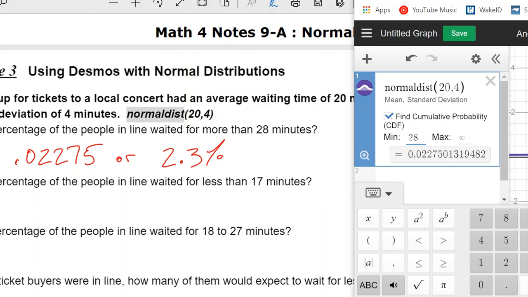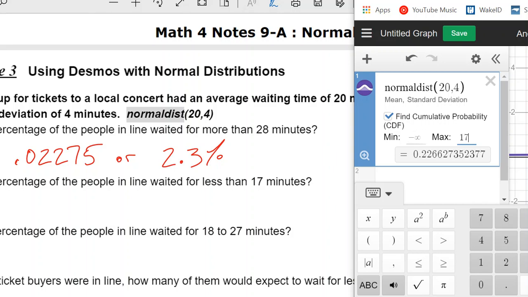Now let's look at the next problem. What percentage in line waited less than 17? Well, less than 17 would be from negative infinity to 17. Less than 17, that's negative infinity, number line, up to positive 17, and that's where it stops.